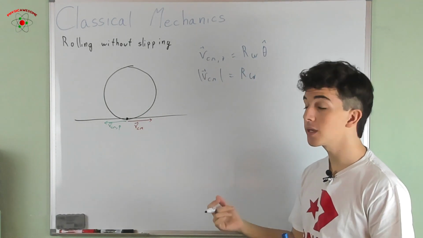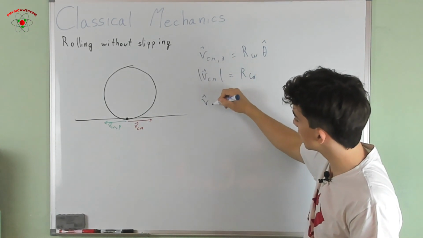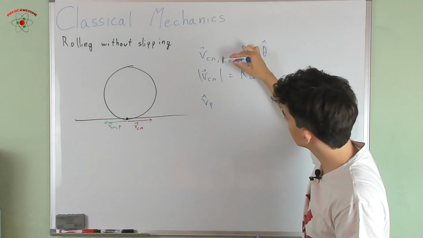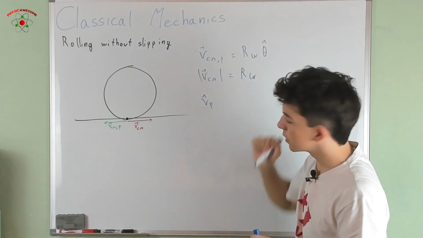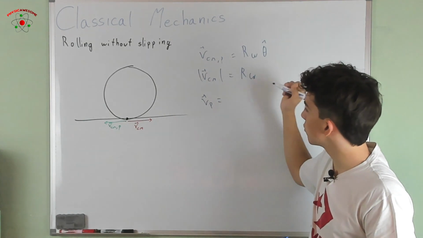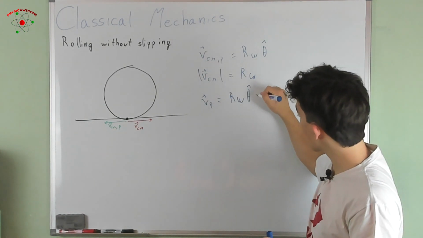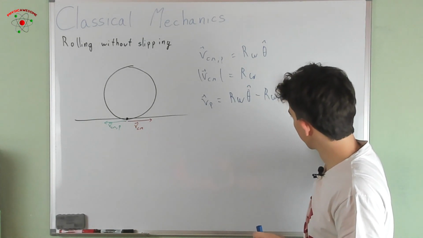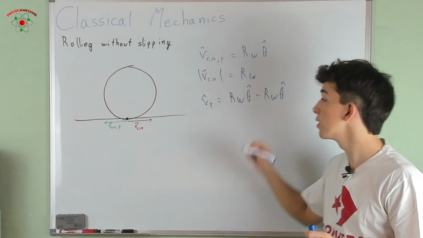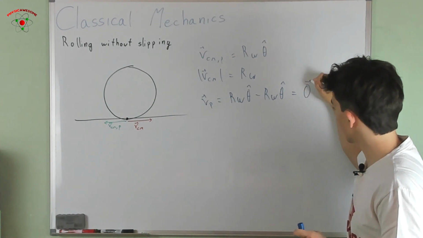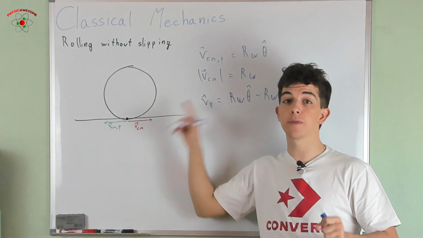Therefore, v_P equals r omega theta hat minus r omega theta hat, and therefore it's equal to 0.